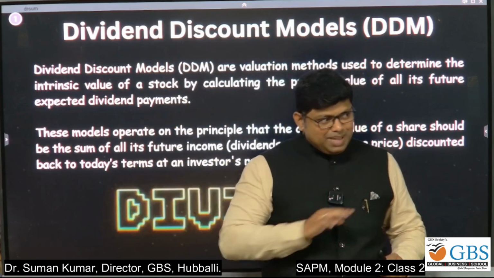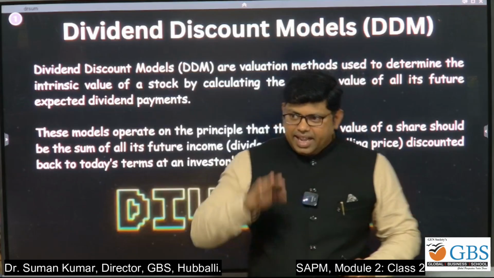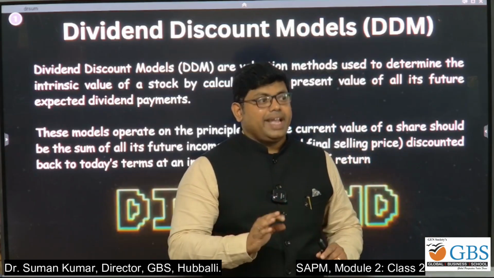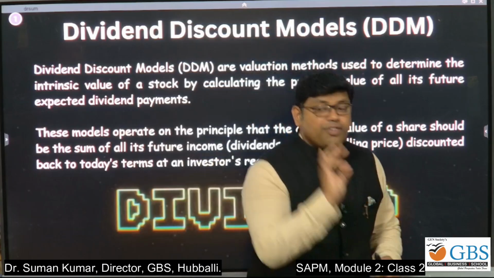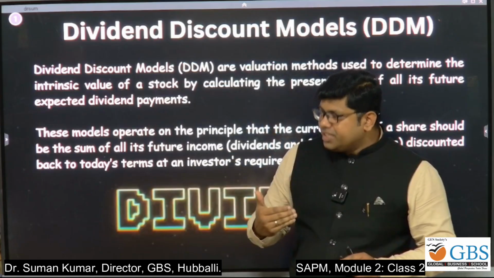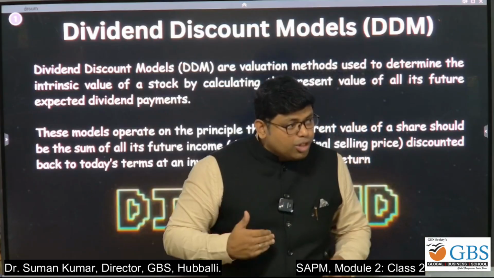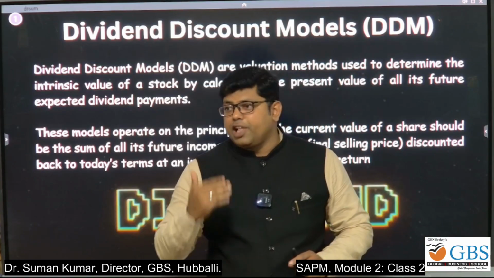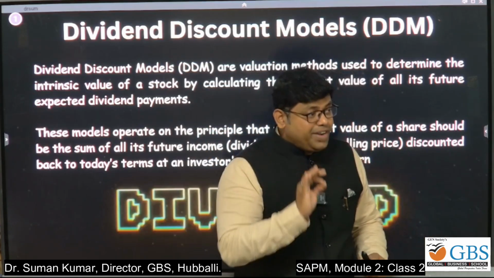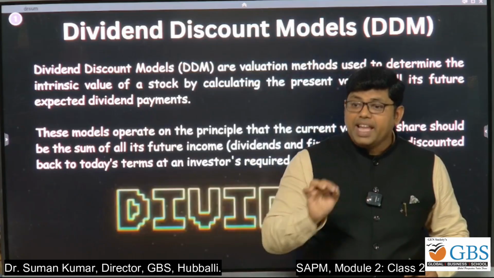Every year it will be the same? Every year it changes. So there is a lot of difference in finding the intrinsic value of bonds, whereas the procedure we need to follow to find the intrinsic value of shares is very different, because every year the dividend may change.